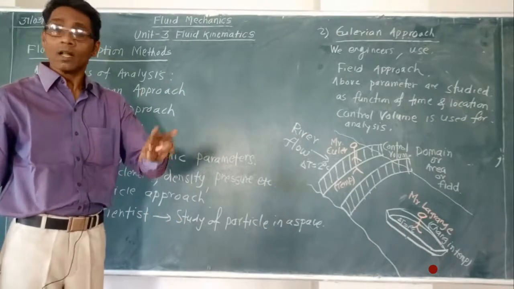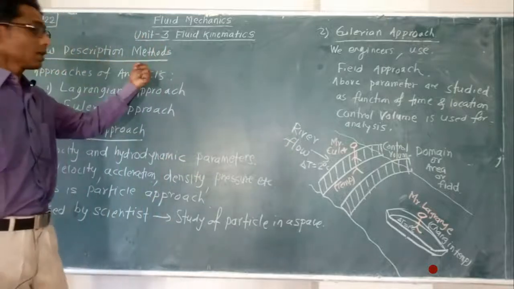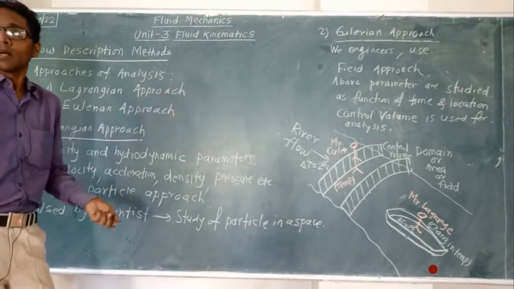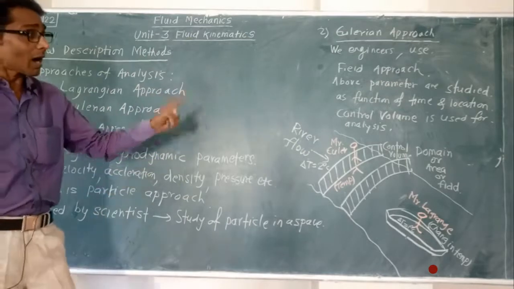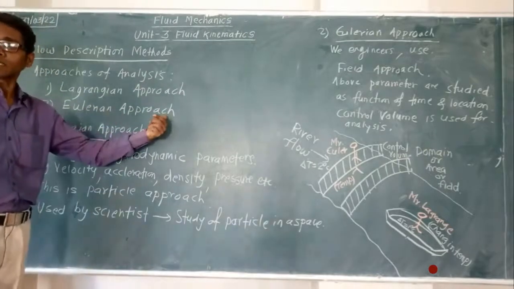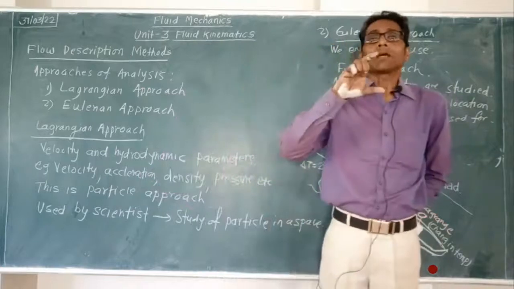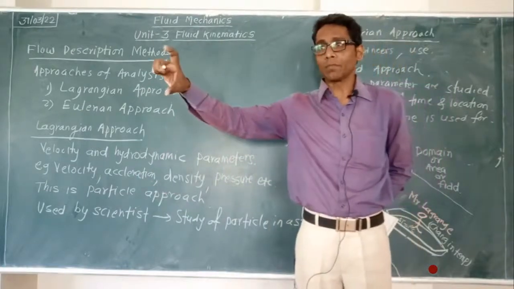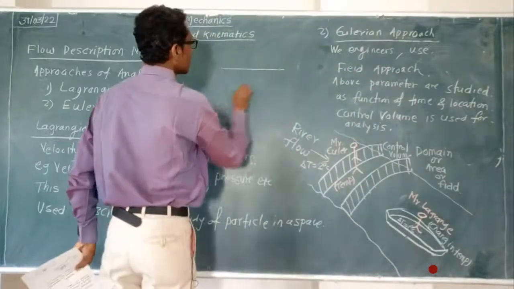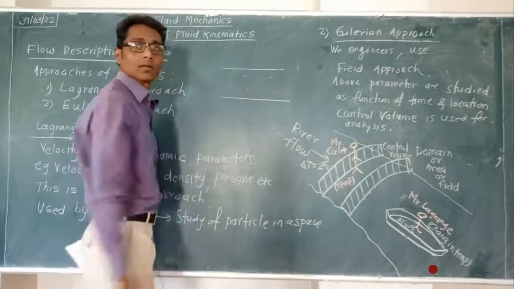Are you understanding? That is why in fluid kinematics, in further theory and numerical sessions, we are using this Eulerian approach. We are considering a particular domain, a control volume. A control volume we may consider as a rectangular shape diagram. Suppose this is a pipe through which water is flowing.